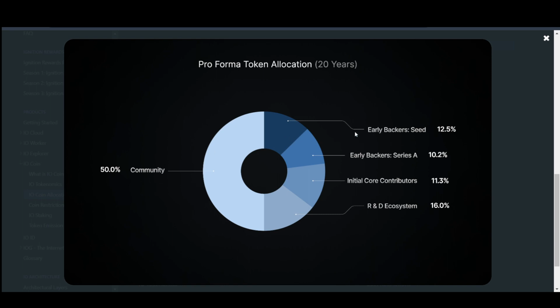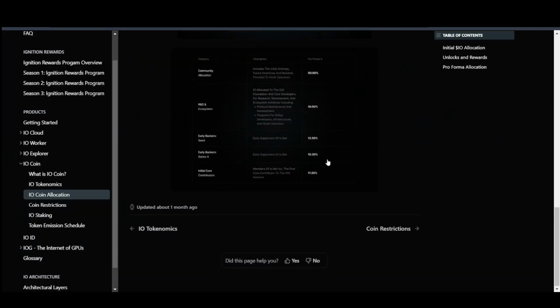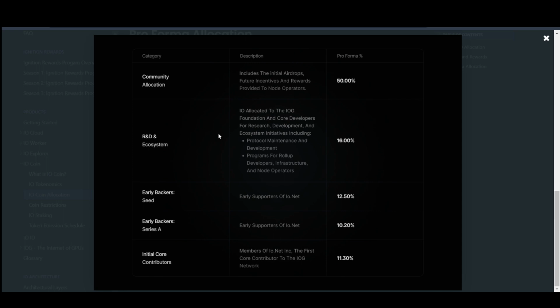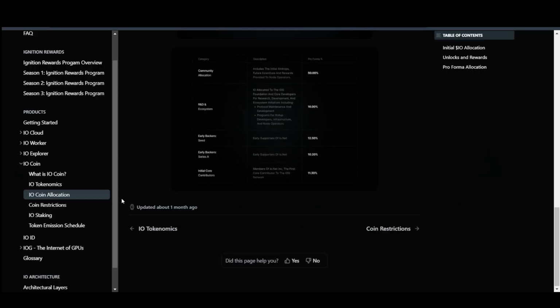The exact allocation is this: 50% goes to the community, 12.5% goes to the backers, and another 10% goes to Series A as well as initial contributors. 16% goes to R&D. So backers are getting over 25%, sorry, 23%, which is a lot, and I think that means in the future we may see a lot of sell pressure coming in from the investors.